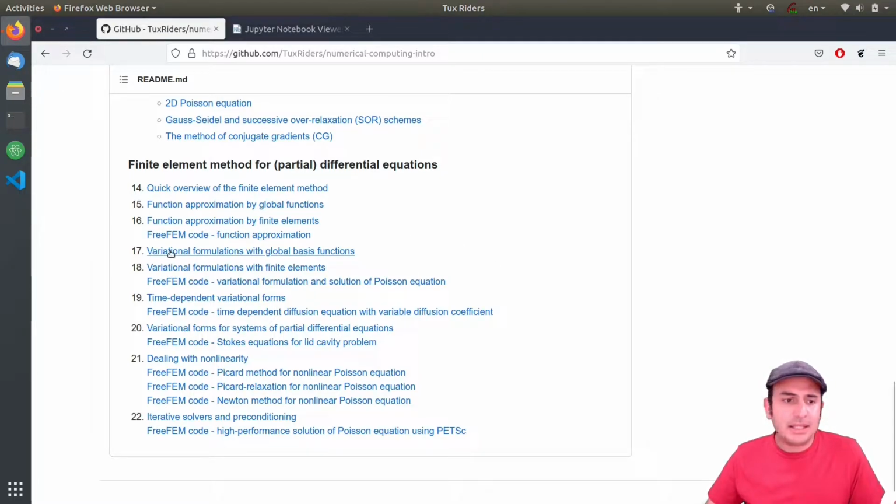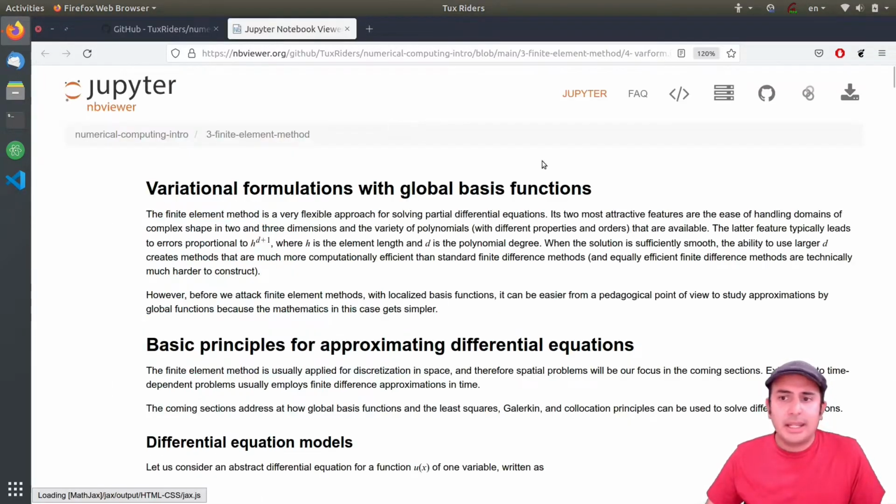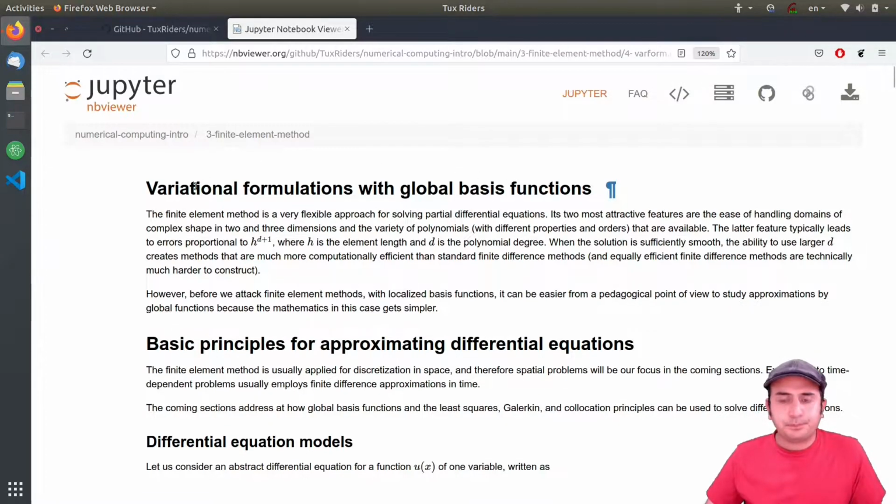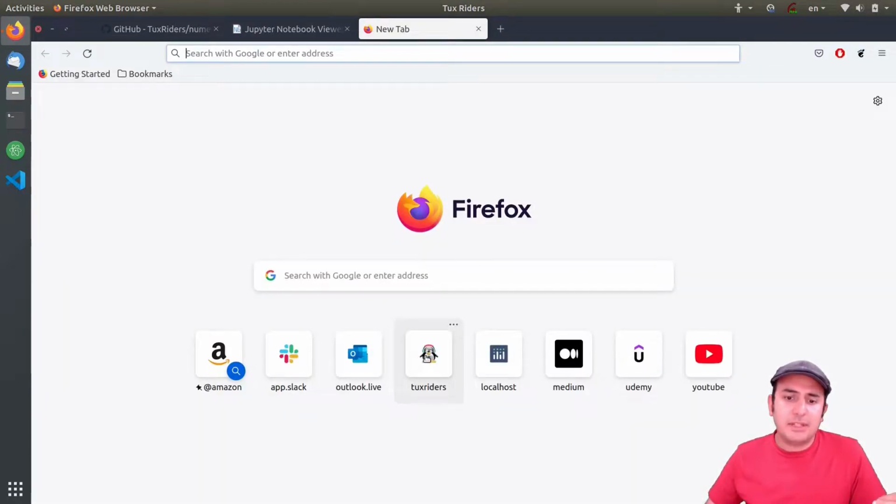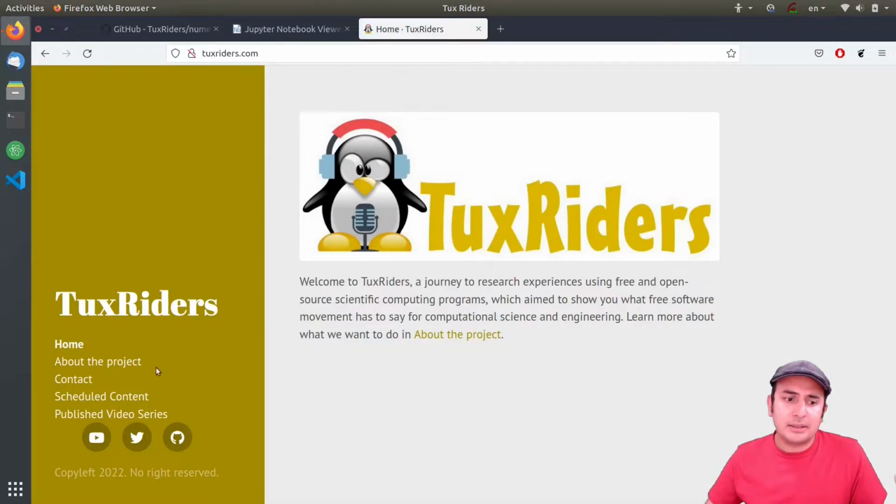So I opened this chapter as a Jupyter notebook. Before going to the variational formulation, I want to show you something that we have already discussed in previous videos for finite element modeling.